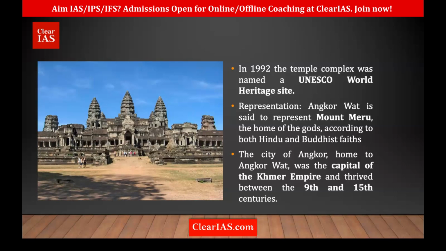Vaishnavism, the worship of Vishnu. Angkor Wat temples of Cambodia. And remember what kind of architecture it is? Khmer architecture, because the Khmer empire dominated and ruled that region. That is the Angkor Wat temples of Cambodia.